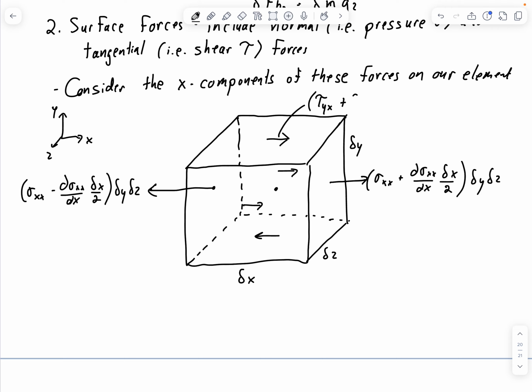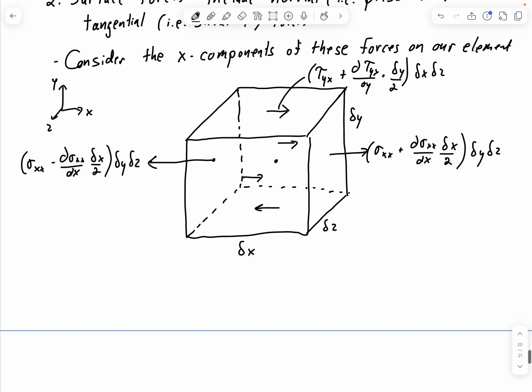So plus del of tau yx by del y. So this is again the stress at the center of the cube plus the gradient of that stress multiplied by some distance across which it is acting, which is delta y over 2, the distance from the center to the top face, multiplied now by the area of that top face, which is delta x delta z.